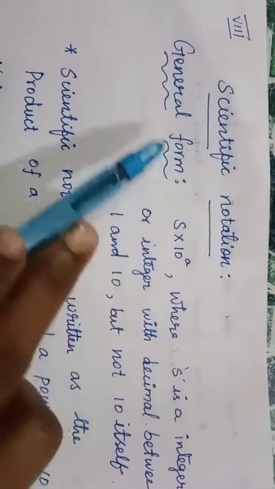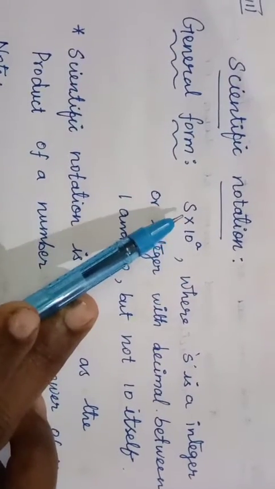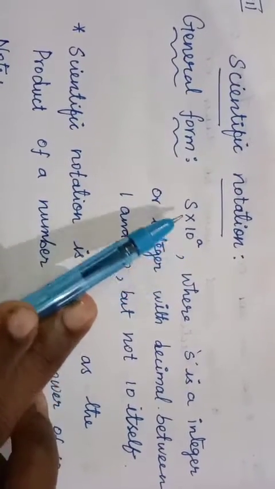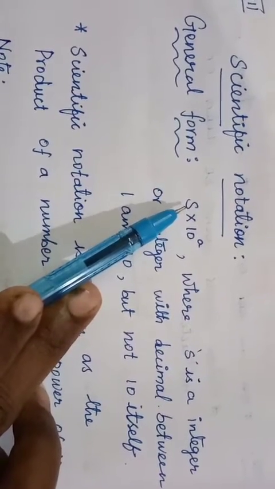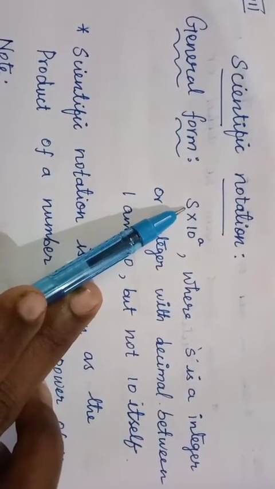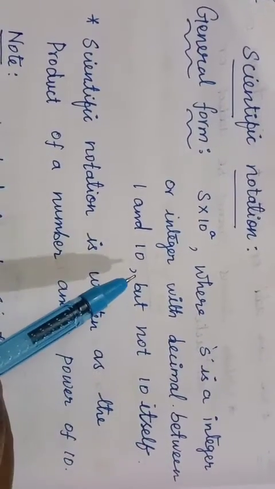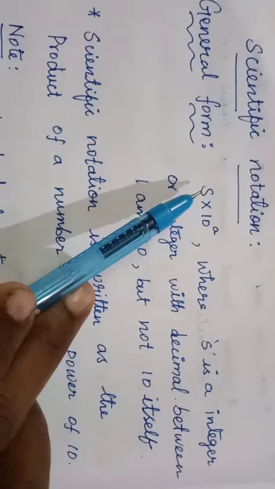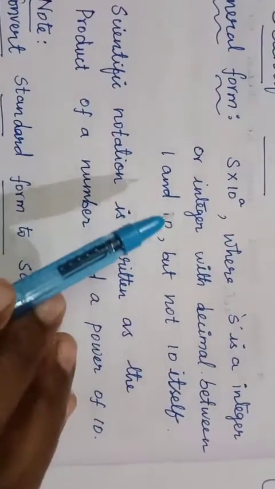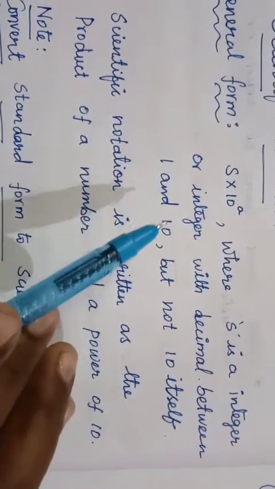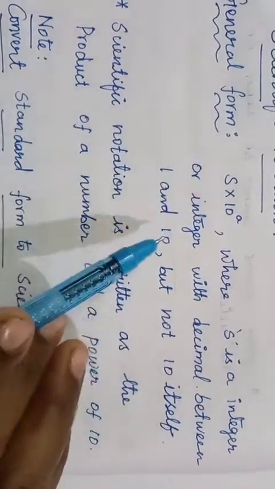For scientific notation, first you write the general form, s into 10 power a. Already you have learned about it. Here s is a whole number or a number with a decimal, and it lies between 1 and 10.